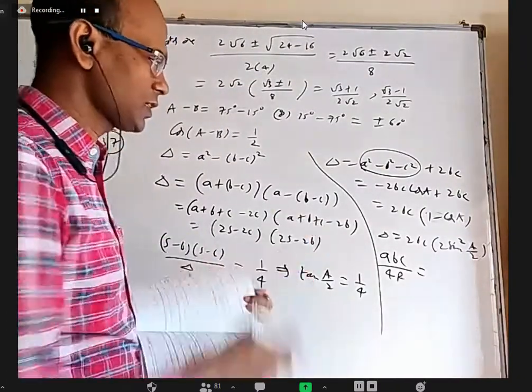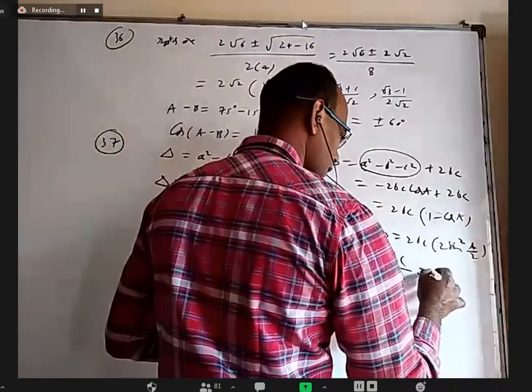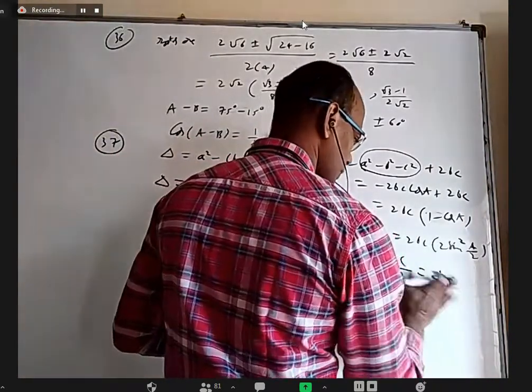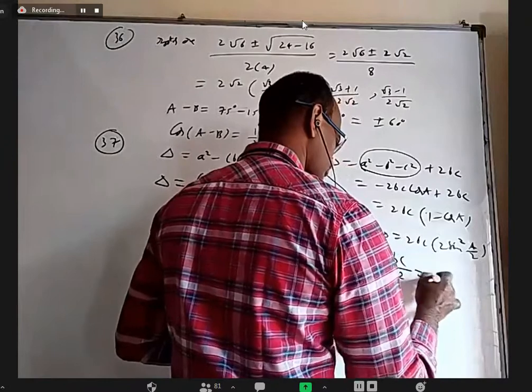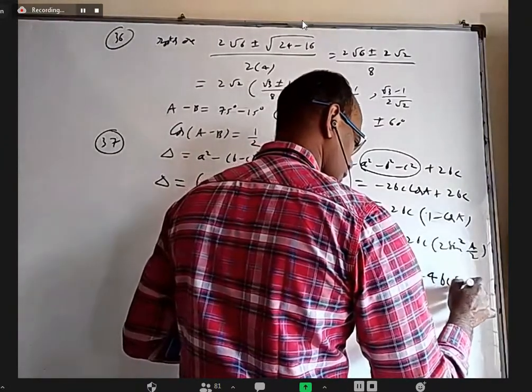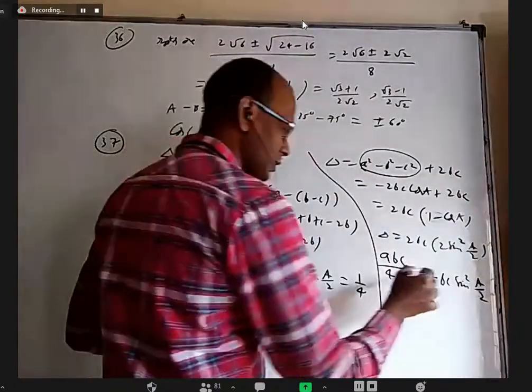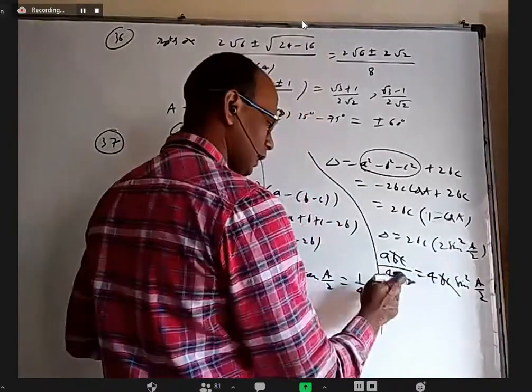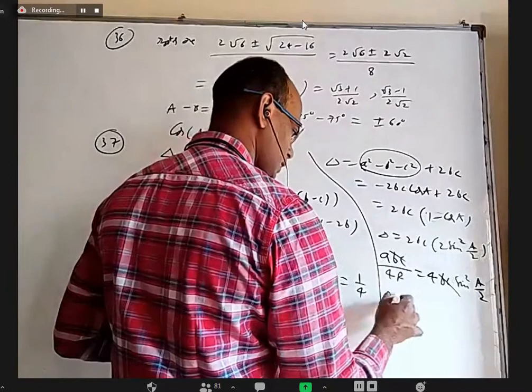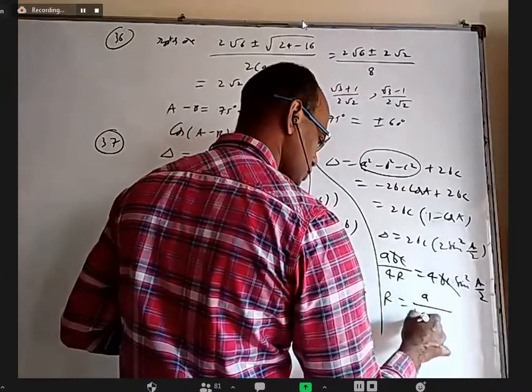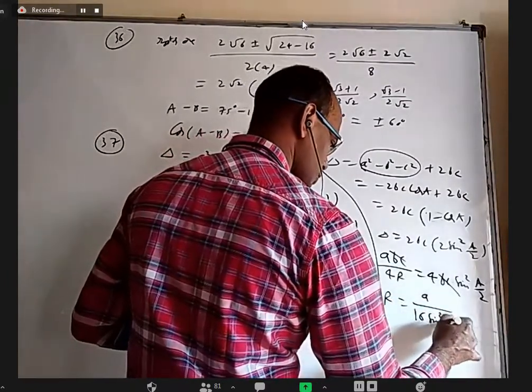And let me try with this. If it doesn't work out, then we'll do that. Okay, 2bc, this is 4bc sin square A by 2. Okay, now what happened? bc and bc got cancelled. I want R, so I can bring this here. So I'm getting R equal to a by 16 sin square A by 2.